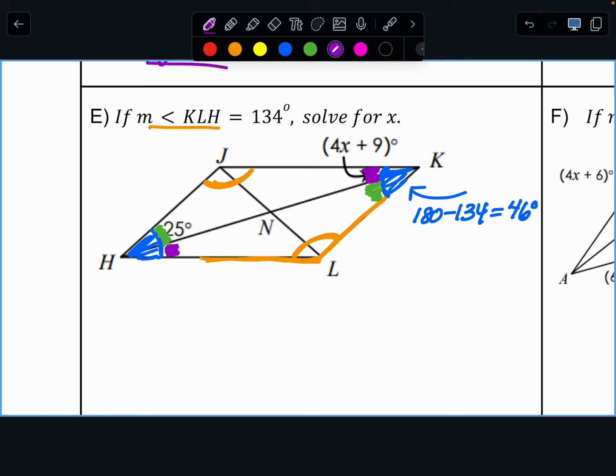So what I think is easier is, since the blue angle is 46, 46 minus 25 equals 21. That's this angle. And now my two purple angles are congruent. So now I can say that 4x plus 9 equals 21.